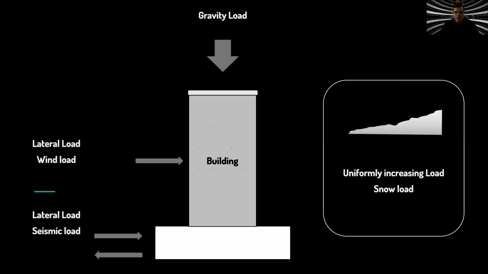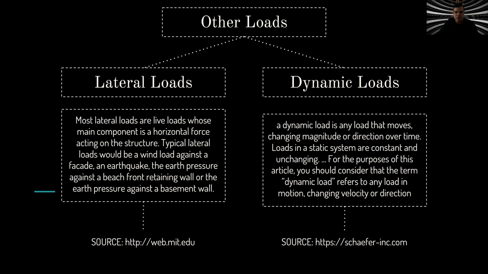We have, finally, gravity loads that are a consequence of gravity and are related with all the different loads that a building can have. The weight of the building itself, of the people inside, of elements like snow, etc., will tend to create some instability in the structures. There are other loads like lateral loads, for example, or dynamic loads.